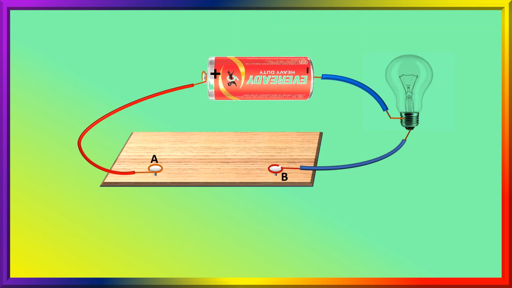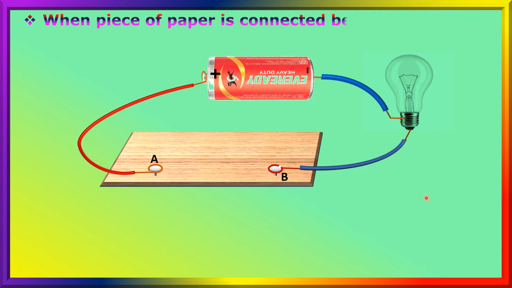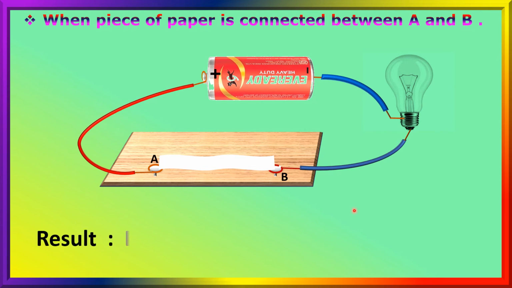Next, when a piece of paper is connected between A and B. No, the bulb doesn't glow, which means the piece of paper is an insulator. So the result is the bulb does not glow.